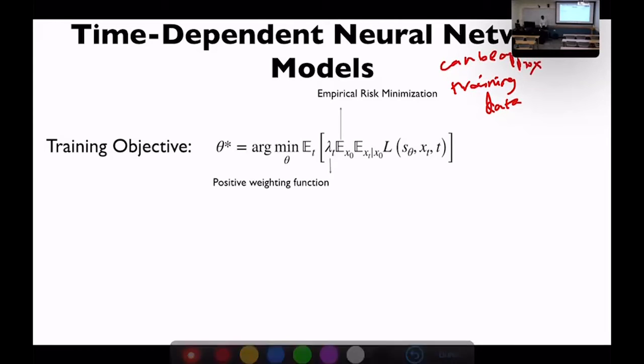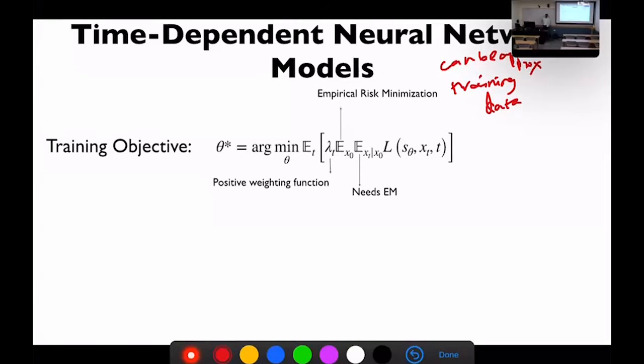And then finally, we have this innermost expectation, which, as you can see, is over x sub t, which means that we have to iterate, solve the SDE to compute the iterate at time point t, and then compute the loss function here.